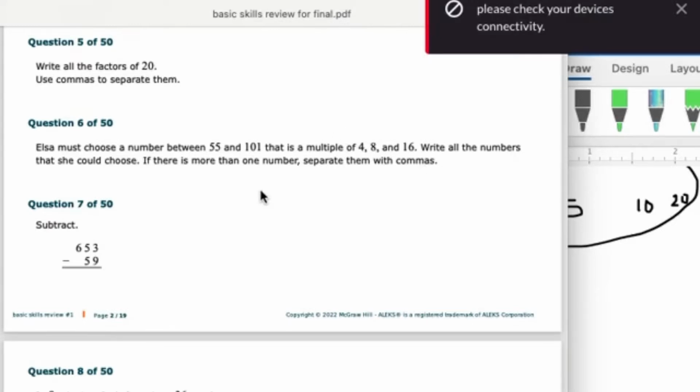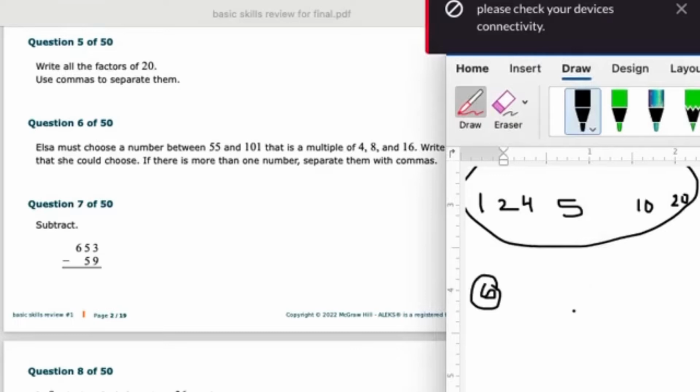Elsa must choose a number between 55 and 101 that is a multiple of 4, 8, and 16. Write all the numbers that she could choose. If there's more than one number, separate them with commas. Now the easiest way to do this, everybody, is to say, well, 4 goes into 16 already, and 8 goes into 16. So aren't we just really looking for multiples of 16?